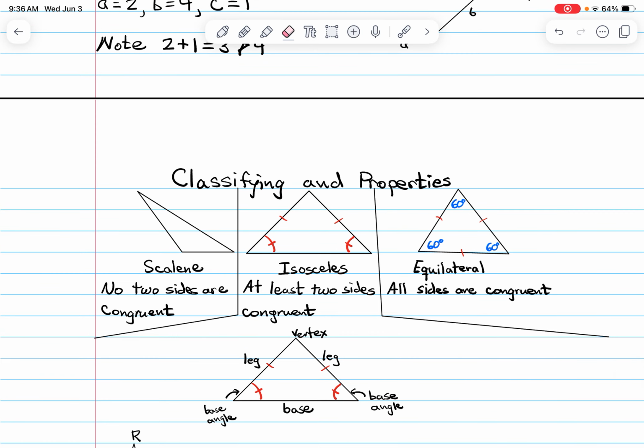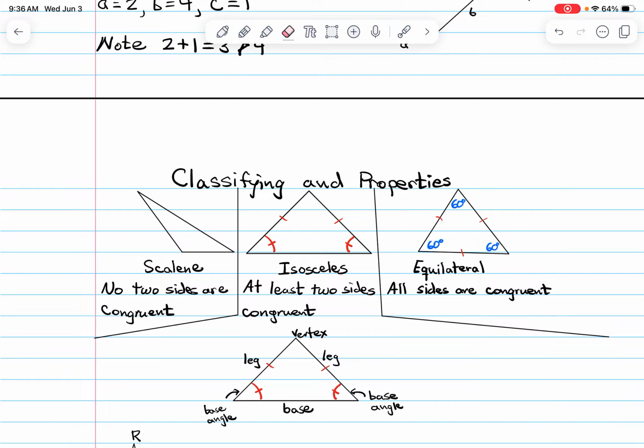Now I want to classify some triangles real quick and look at some properties. We have a scalene triangle, and in a scalene triangle, no two sides are congruent. These next two are what we're really going to focus on today. The isosceles triangle has at least two sides congruent.